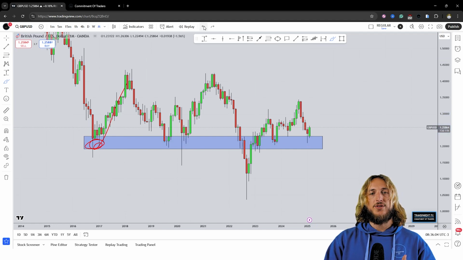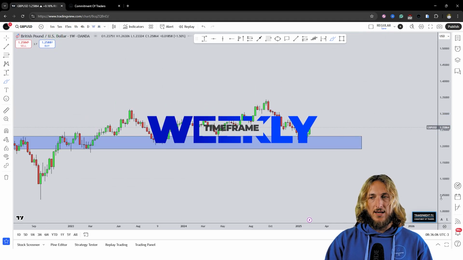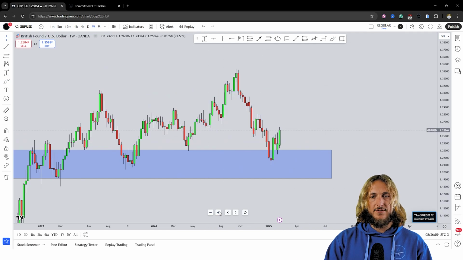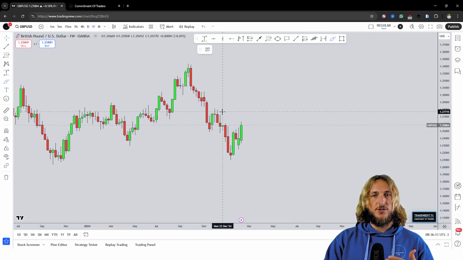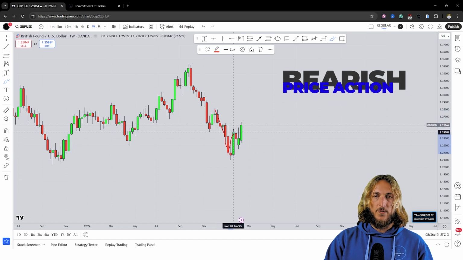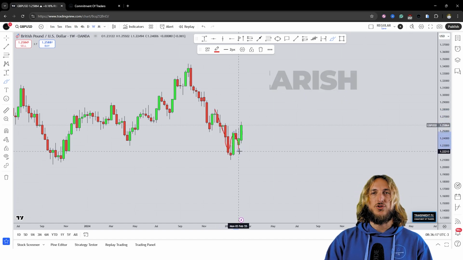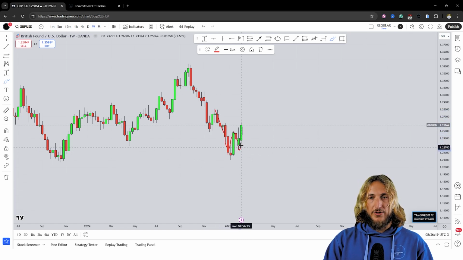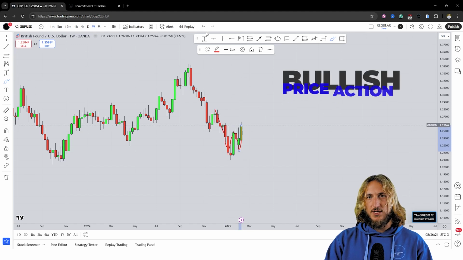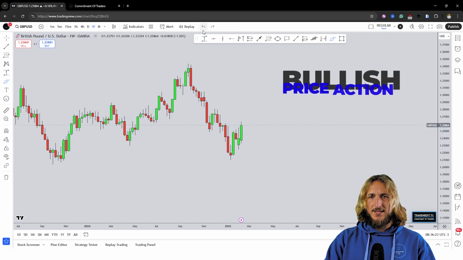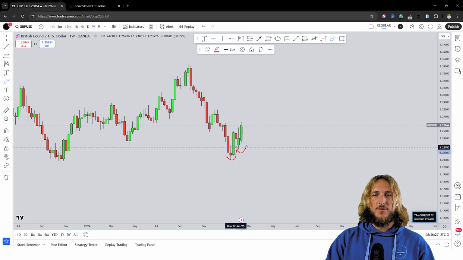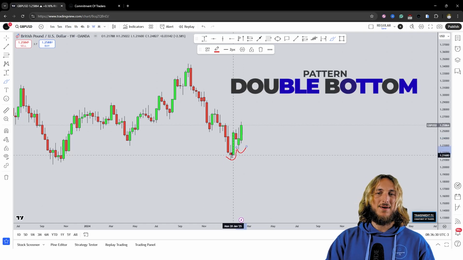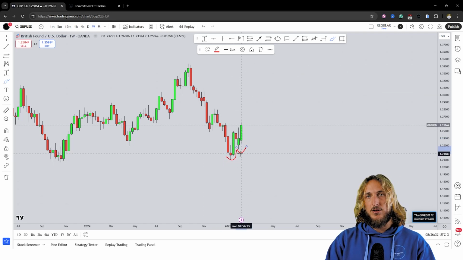Let's drop down on the weekly time frame and see what we have. Now, from a weekly perspective, the situation is quite clear as well. We can notice how we first had a very strong push to the downside, then we had the correction, and the market tried continuing lower. However, it failed and is now getting rejected to the upside. So here in the weekly, it is clear how the market has failed continuing lower, created a little bit weird double bottom, but even better actually because it is a higher low scenario.